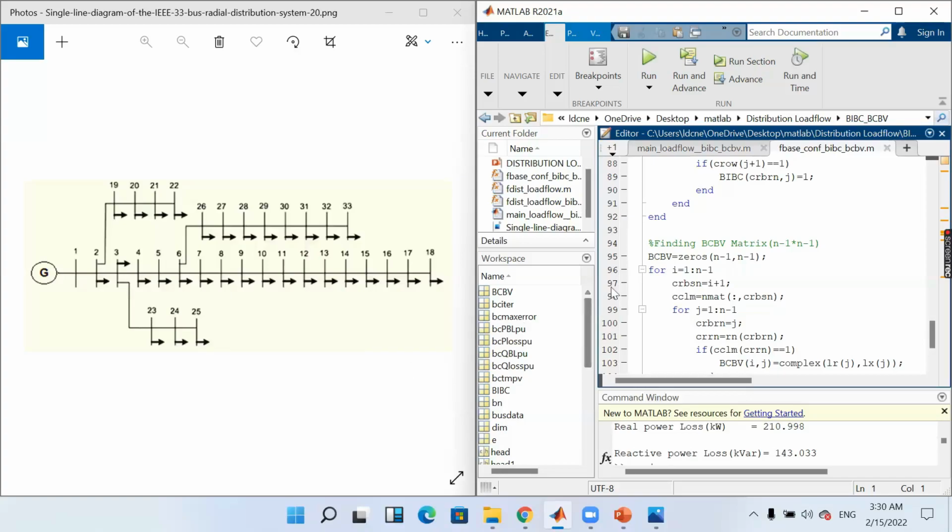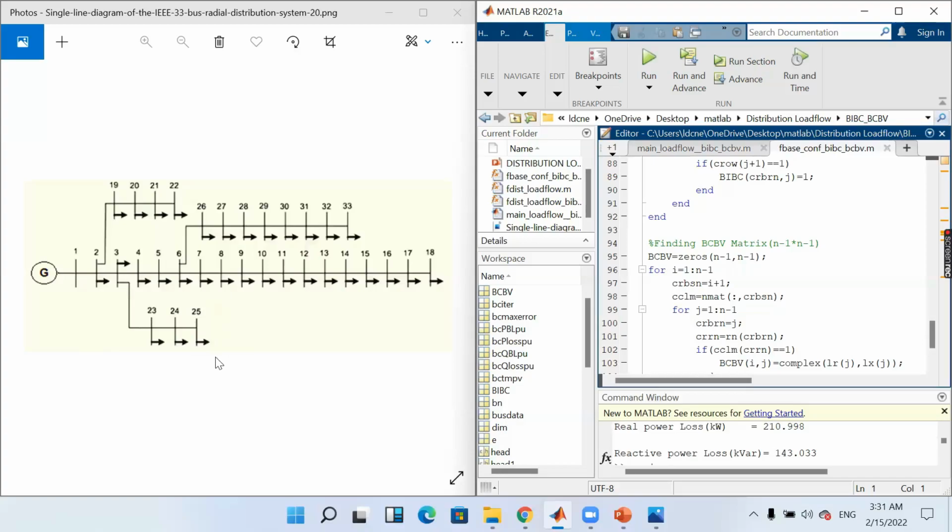Since in the BCBV matrix we are going to calculate the voltage drop, we have to have the information of branches. From NMAT, we have the information that for feeding the load of 25, the power must flow through which buses. But for finding the BCBV matrix, that is, calculating the voltage drop, we need the information on which branches the power must flow through.